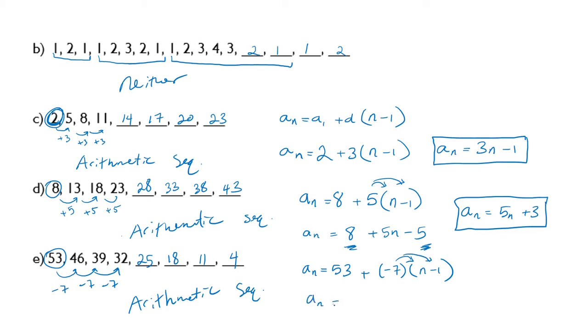A sub n equals 53 minus 7n plus, since it's negative 7 times negative 1, plus 7. I can simplify this now to our formula, a sub n equals 60 minus 7n. This is our formula.